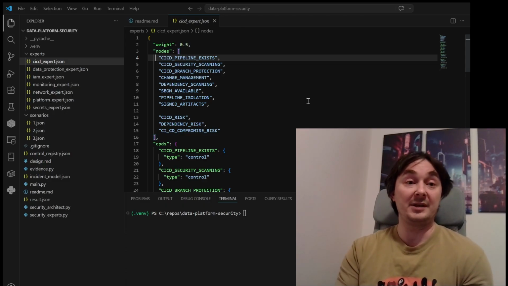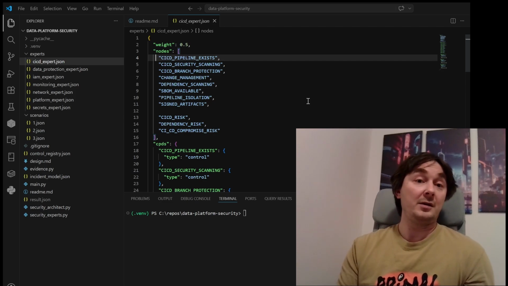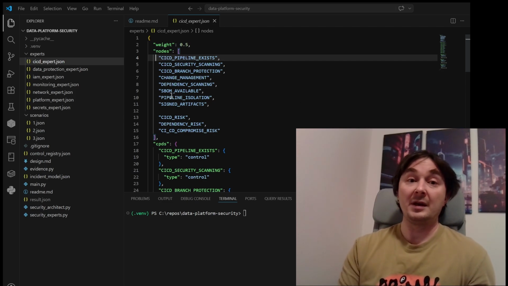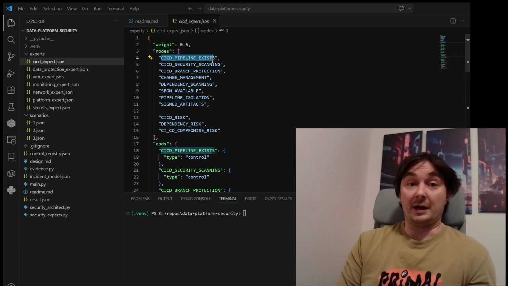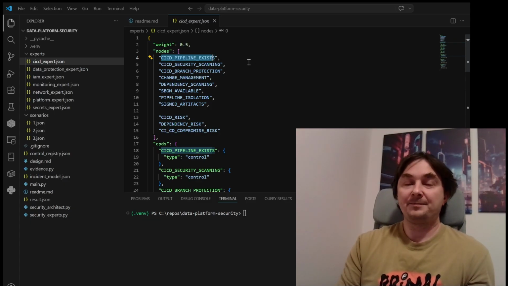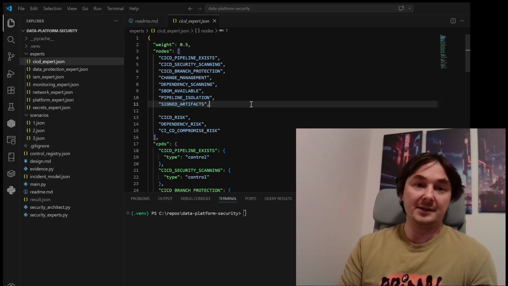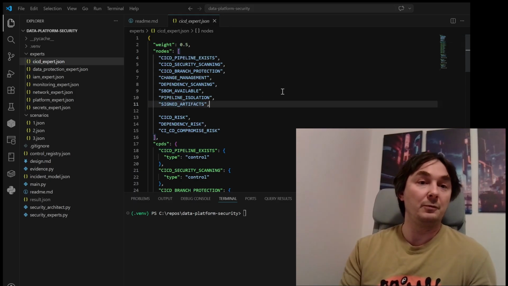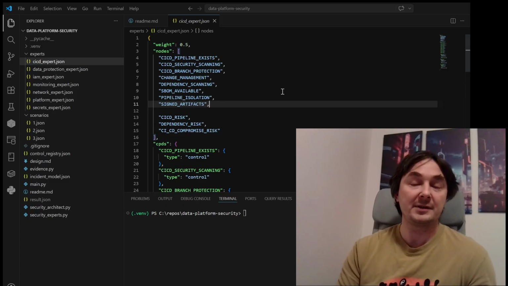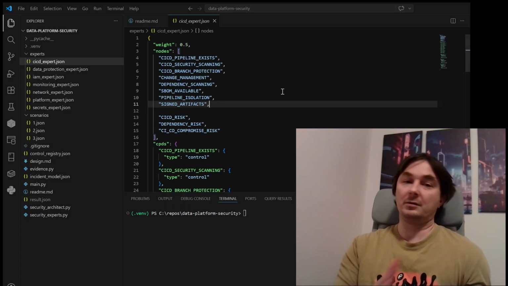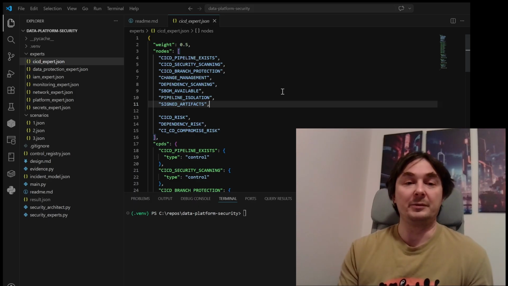For example, the CI/CD expert is responsible for the CI/CD security and CI/CD nodes. Here we have the CI/CD pipelines that should exist. That's one of the controls. Next, from those pipelines, we want to have signed artifacts as an output, and those signed artifacts would be used later on for the system itself.